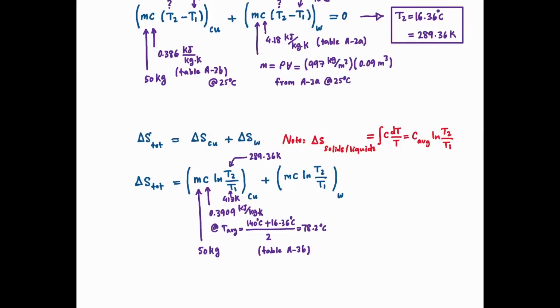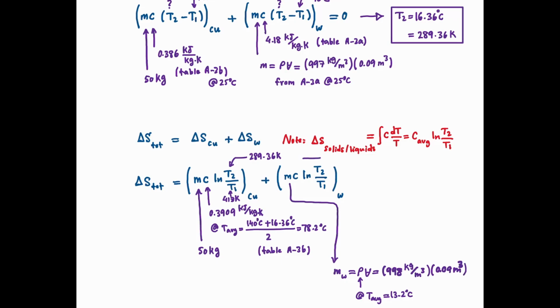Mass of water can be determined from this equation. One more time, mass equals density times volume. Density has to be read at average temperature, which is 10 degrees C plus 16.36 degrees C divided by 2, or 13.2 degrees C. So from table A3a, this is going to be 998 kilogram per meter cubed times volume, which is 0.09 meter cubed.